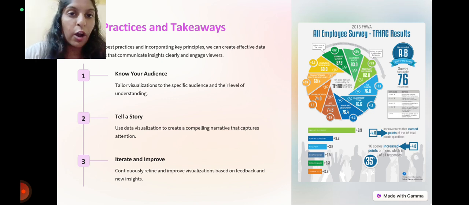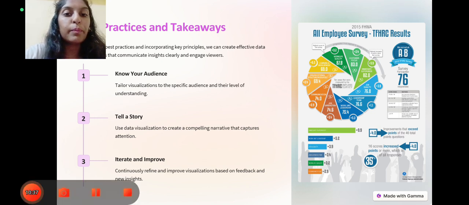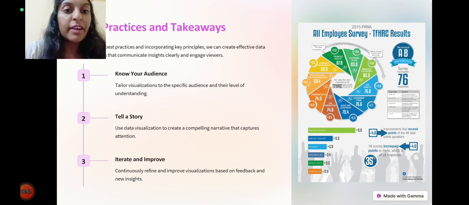Know your audience means tailor visualizations to the specific audience and their level of understanding. Tell a story means use data visualization to create a compelling narrative that captures the attention. Iterate and improve means continuously refine and improve the visualizations based on feedback and new insights.